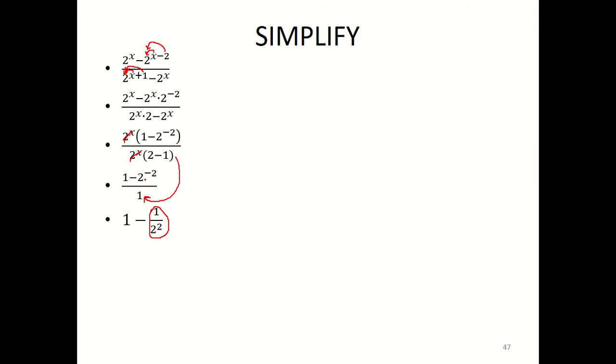Remember here, if the exponent of a base is negative, you take that base and its exponent to the denominator, and then in the numerator you'll be left with 1. We did go through that. So you'll have 1 minus 1 over 4, and that will give you 3 over 4. Another example.